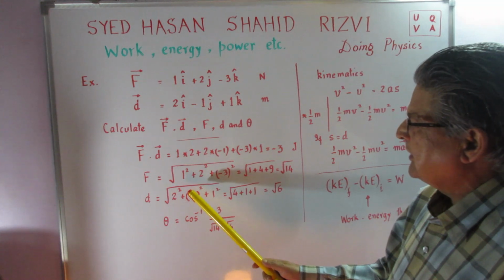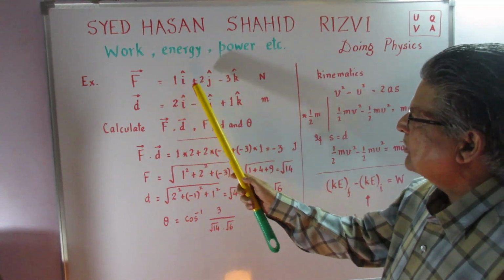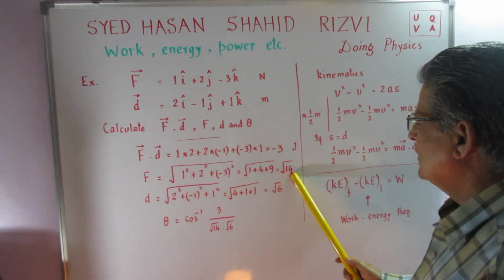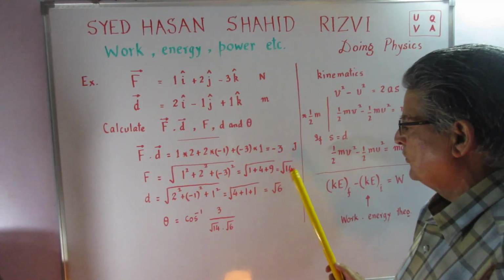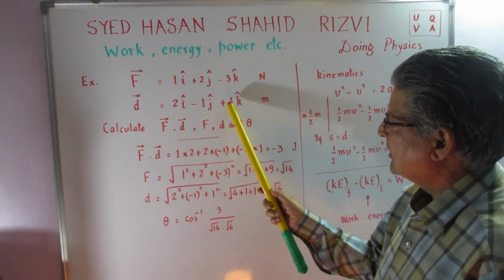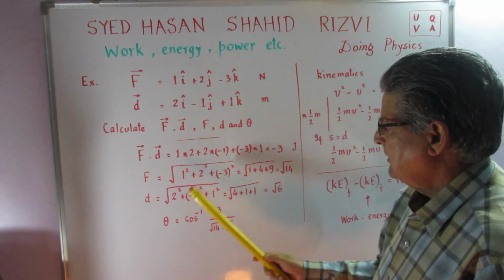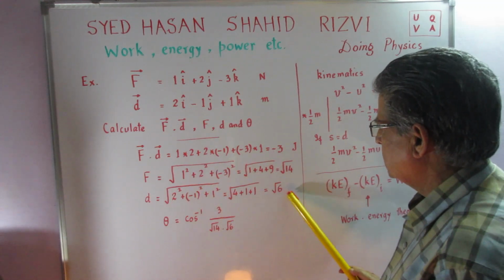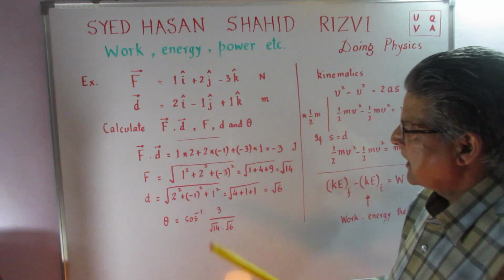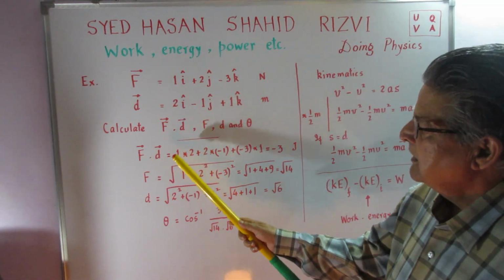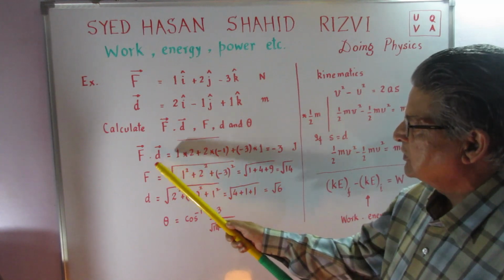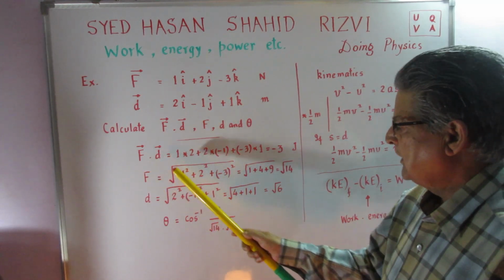F is calculated as this square plus this square plus this square, which is written over here. It turns out to be root 14, and D is 2 square plus minus 1 square plus 1 square under root, which turns out to be equal to root 6. Because F dot D by definition is equal to Fd into cos of theta, the cos of theta becomes equal to F dot D divided by Fd.